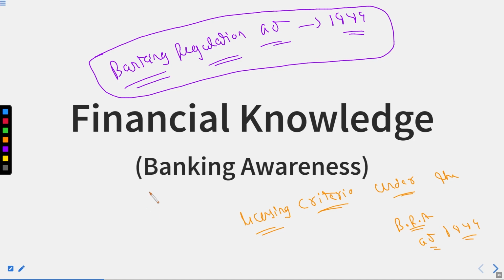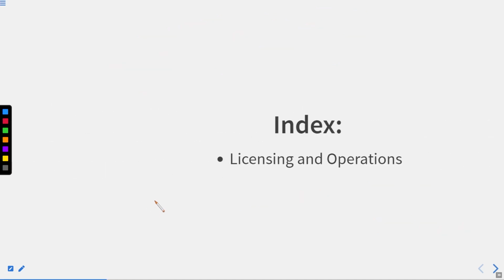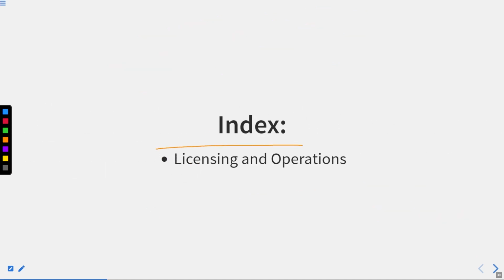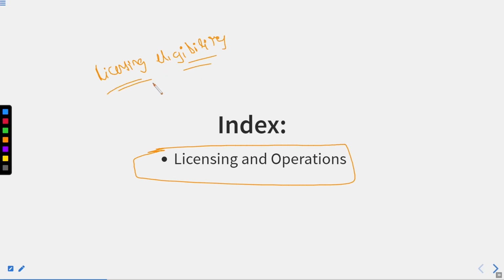All right, so we will continue with the same topic. This is the topic licensing and operations, which we had started in the previous lecture, and we had covered till licensing eligibility. Right, we had covered till then.